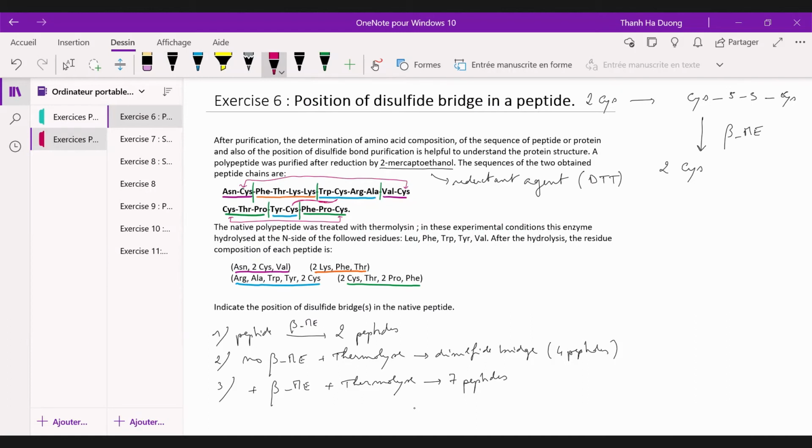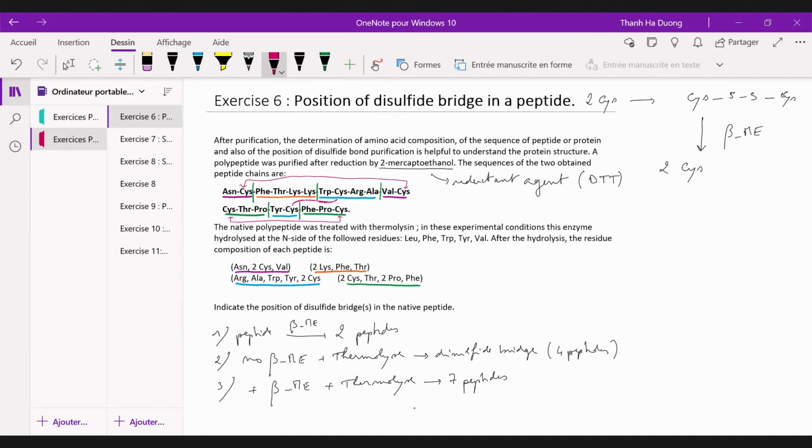So I should obtain 7 peptides. Okay? Now, because when the disulfide bridges are present, I obtain only 4 peptides, it means that some of the 7 peptides are linked together, right?